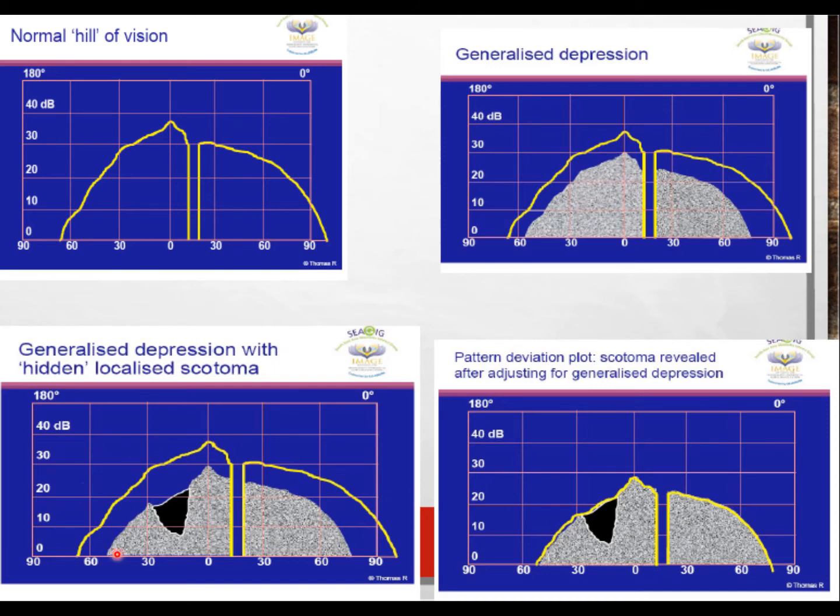In this area, you can see that our patient is generally depressed. The field is depressed relative to the normal, but there are also localized changes here. If you apply the process we have just done, we can get rid of the generalized depression and keep the local changes apparent.